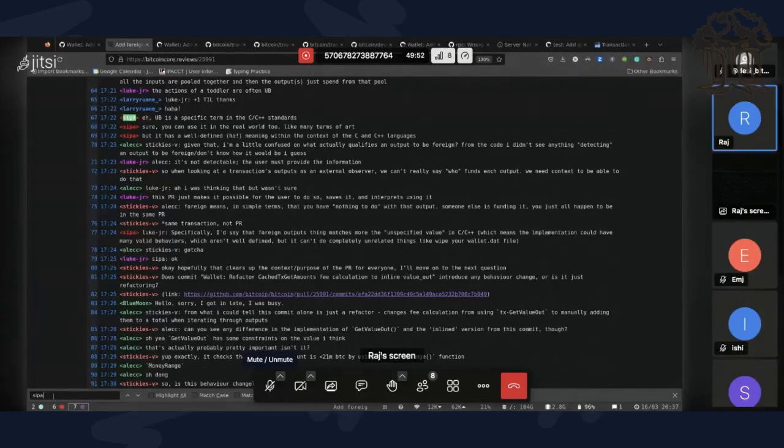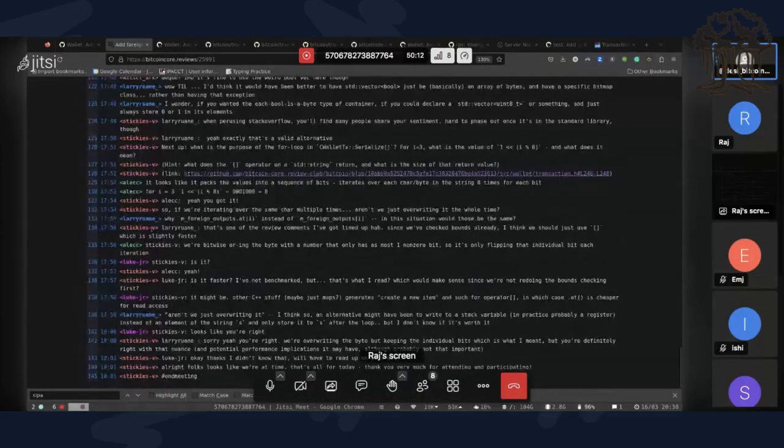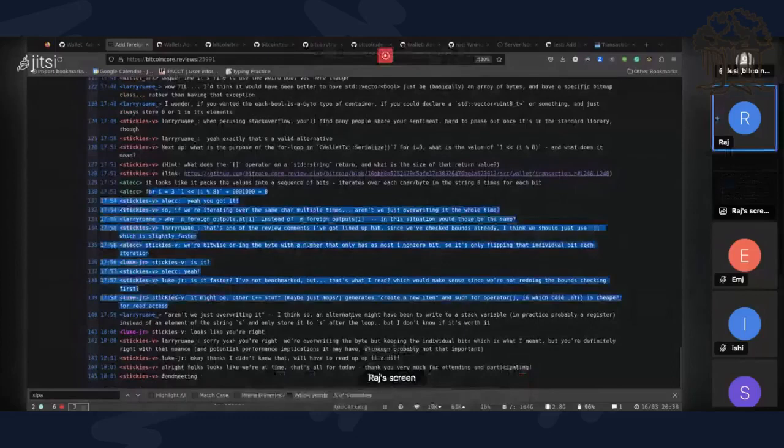I can't find anything other than what's here in the chat. It looks like it packs the values into a sequence of bits, iterating over each char per byte in the string 8 times, one for each bit. Could anyone post the link? Okay, right. This is why the conversation is happening.